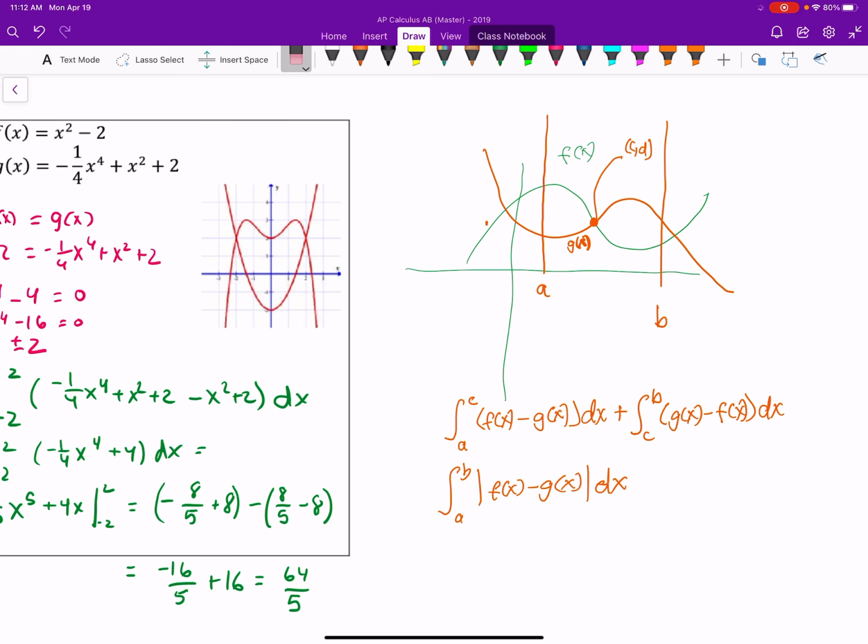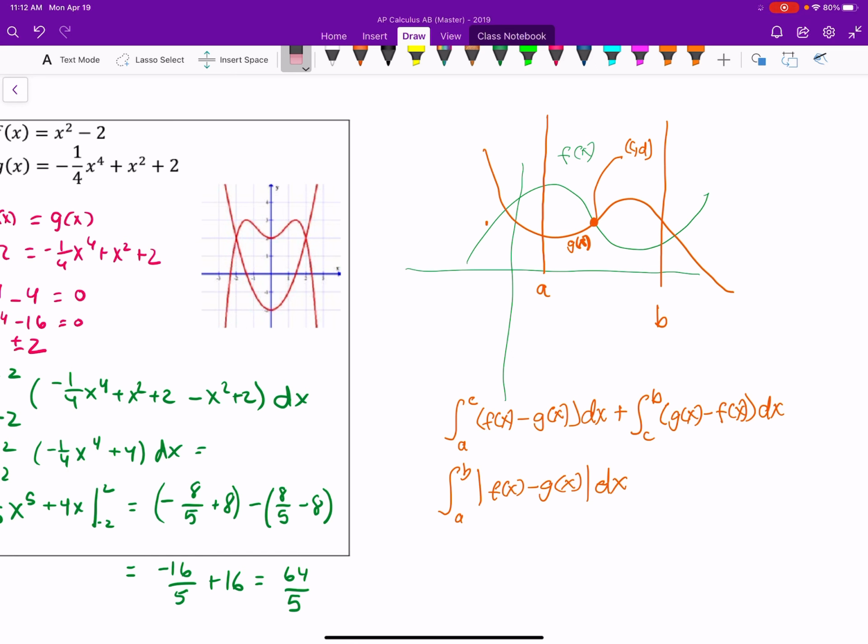If it changes to negative, you have to flip-flop the relationship. So that's basically what we're doing here up at the top. So these two things are the same thing. Anytime you have an absolute value in there, you have to be careful where the relationship changes. So you would still have to figure out where f of x and g of x are equal to each other, or f of x minus g of x is equal to 0, and then check if the relationship changes at that point. And then I would have to split it into two.